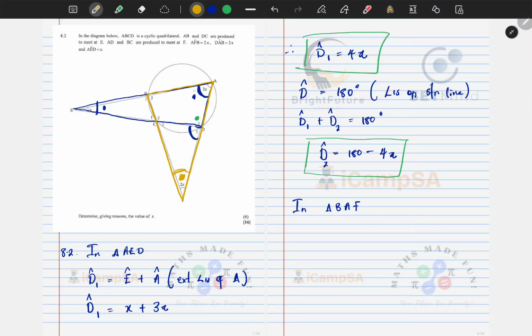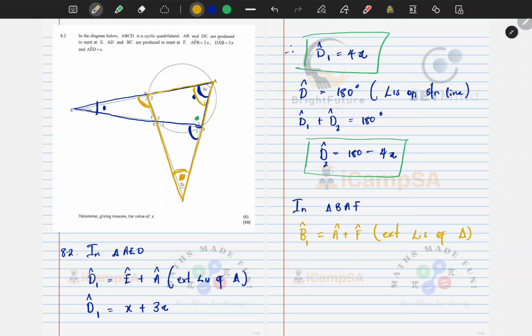We have this angle, we also have that angle, and we also have an exterior angle. So that means that our angle B1 is going to be equal to your angle A plus your angle F, and the reason is exterior angle of a triangle.